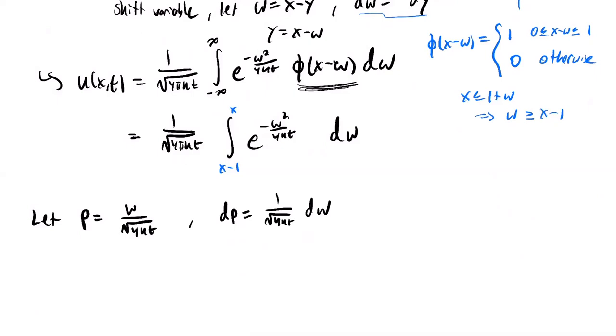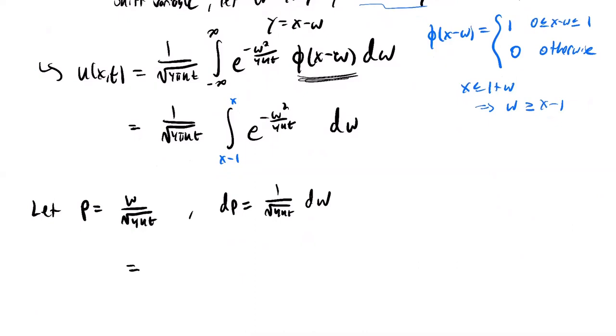right? And so if I make this substitution, well, then I end up with an integral, the 1 over square root 4kt is going to get absorbed into the dw when I change dw to dp. And so I'm just left with 1 over square root of pi integral of now e to the minus, well, w squared over 4kt is just p squared, right? So I get e to the minus p squared with respect to p.